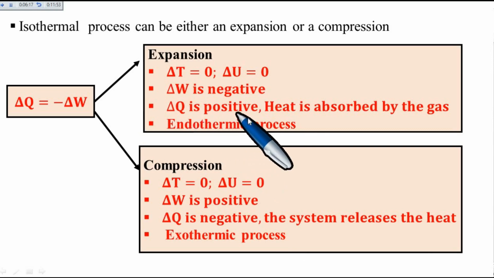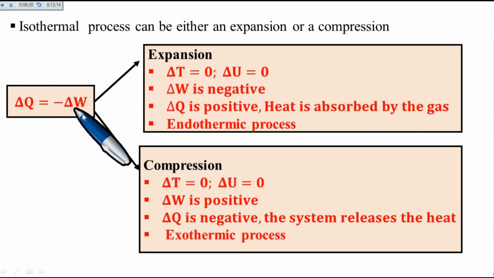The dQ is positive. Here, the heat is absorbed by the gas because we are having an expansion. And then, when you have an expansion, this dW is equal to negative PdV.